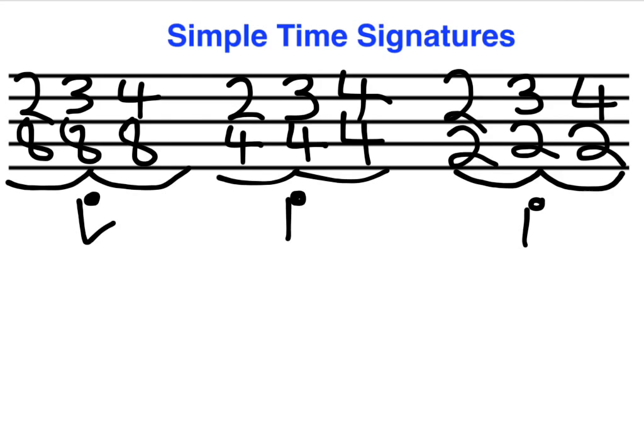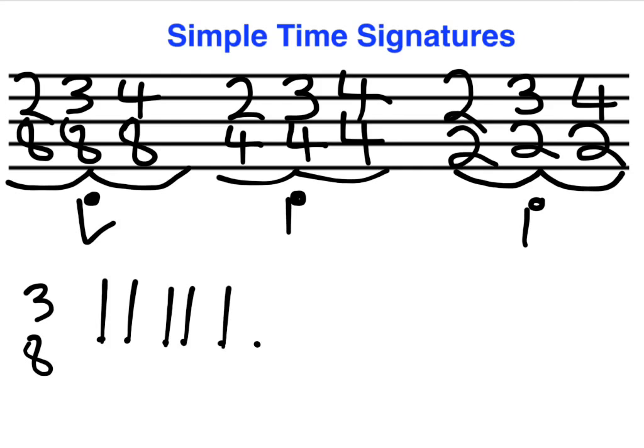There may be one or two extra things that I just need to go over briefly. In 3/8, for example, when you write 6 semiquavers that fill a complete bar, you beam them all together. It'll look something like this. So that's a special type of beaming for 3/8.